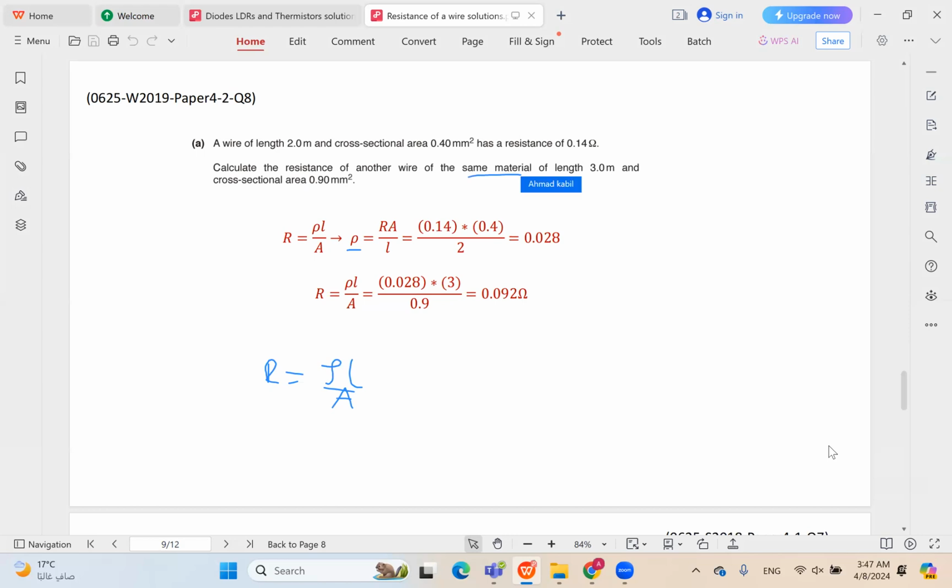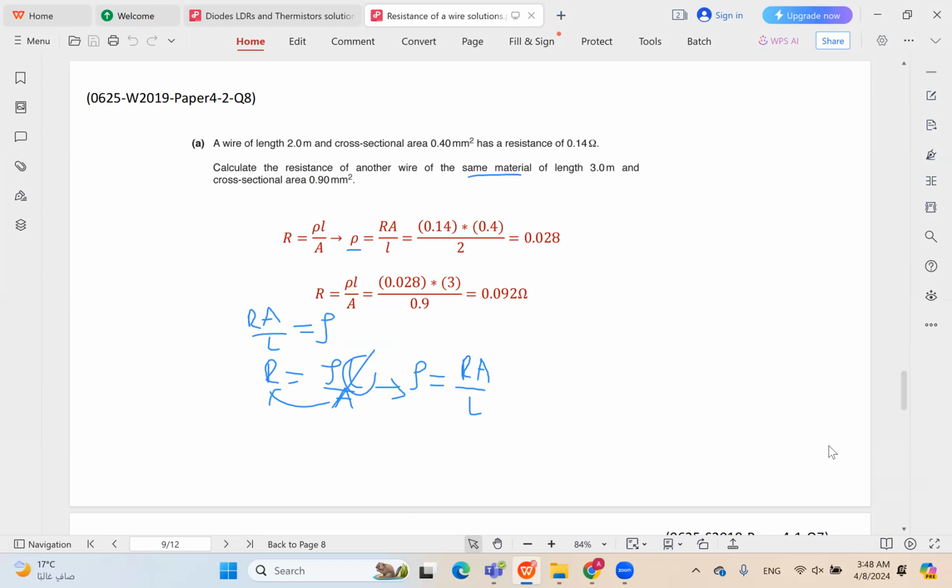So for the first wire, we can rewrite the equation as rho equals R times A over L. How did we obtain this equation? We took the A to the other side, so it became R times A, and then we divided by the L. And now we have only rho on the right-hand side.